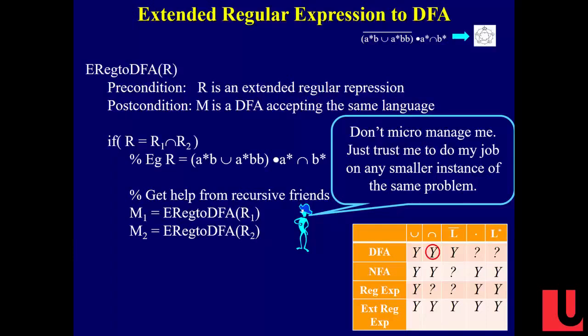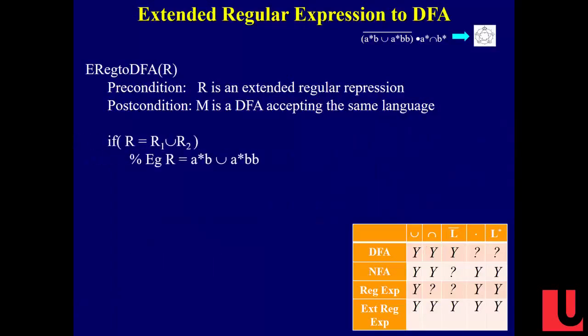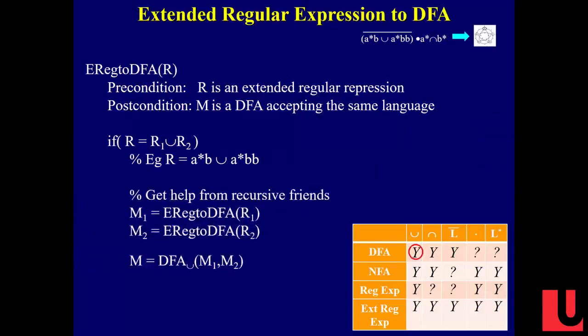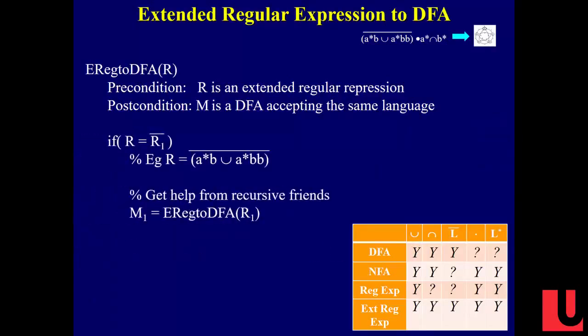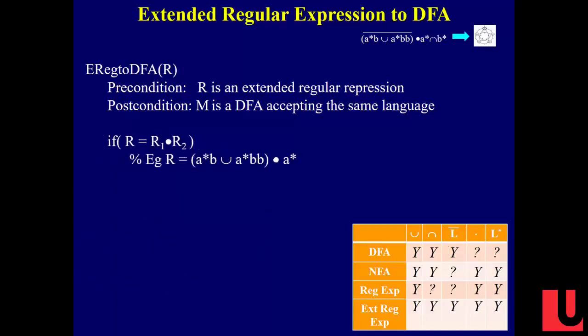So we take these two DFAs that were given to us, and we build a DFA that does the intersection, and we return that, and we're done. Everybody buy that? And the same for union, and the same for complement. Everybody see that?